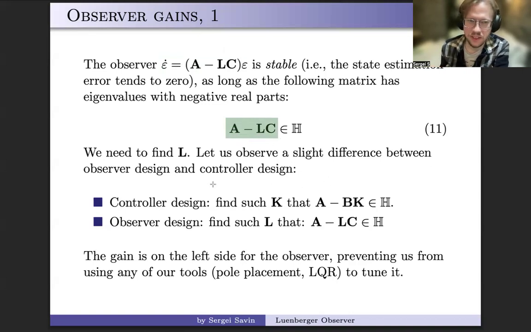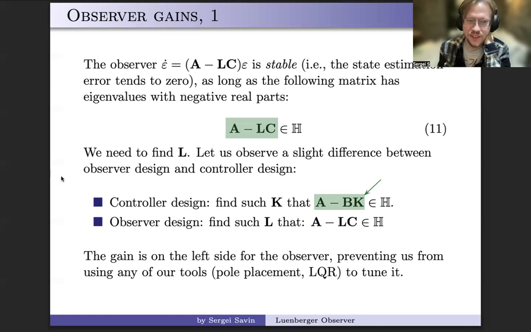And let us remember how we usually do it. Usually we have A minus BK, and we know how to make it Hurwitz. We just do pole placement on K, and that's it. Or we can run LQR on it.